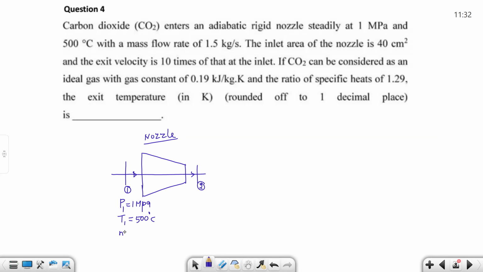The mass flow rate is the same at inlet and outlet because it is a steady flow device. The inlet area of the nozzle is 40 centimeters squared, that is 40 into 10 power minus 4 meters squared, because you know that 100 centimeter is 1 meter.